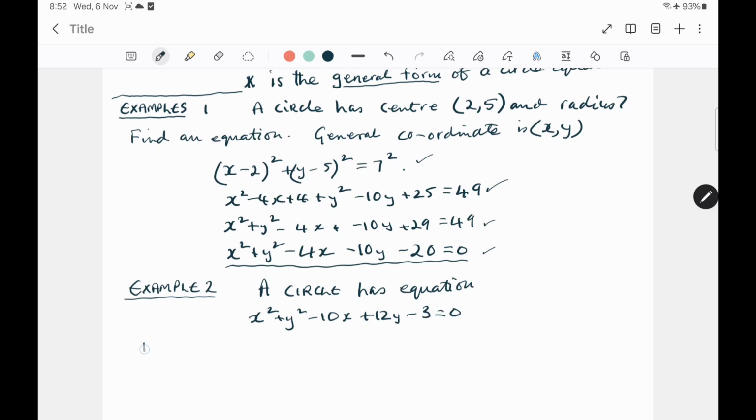We want to find the radius and the center coordinates.